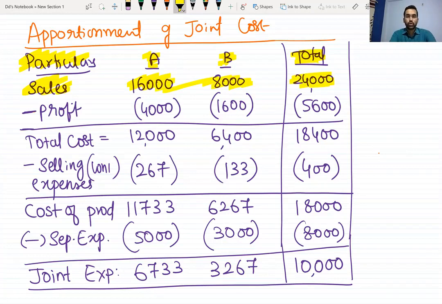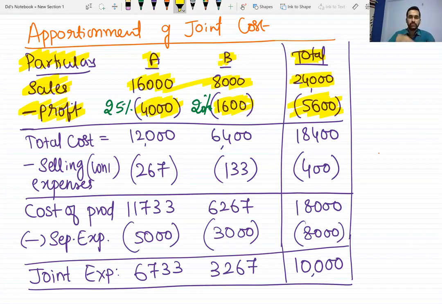total 24,000. We will deduct profit. By the way, profit percentages were given, 25% and 20%. This is 4,000, 1,600, total 5,600. Now what do I have with me?